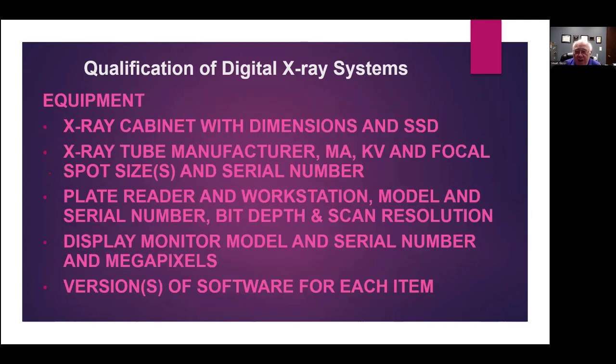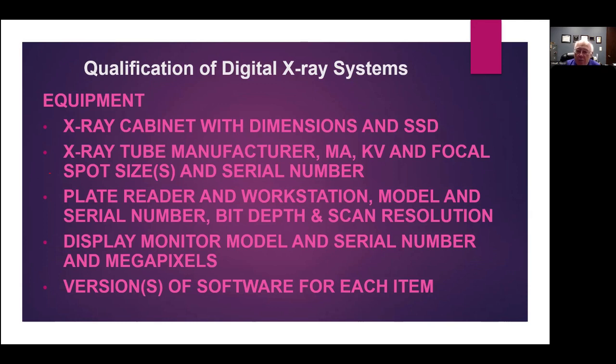Part of the qualification is listing all your equipment, and they're very specific on that. So your X-ray cabinet and dimensions, your source to object distance, your tube manufacturer, all the details, even the serial numbers, workstations, model numbers, serial number, bit depth, your monitor, the model, serial number, megapixels, and then what version of the software you're using on each of these items.